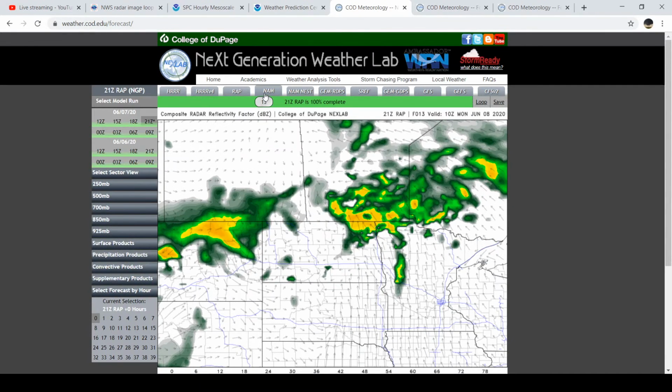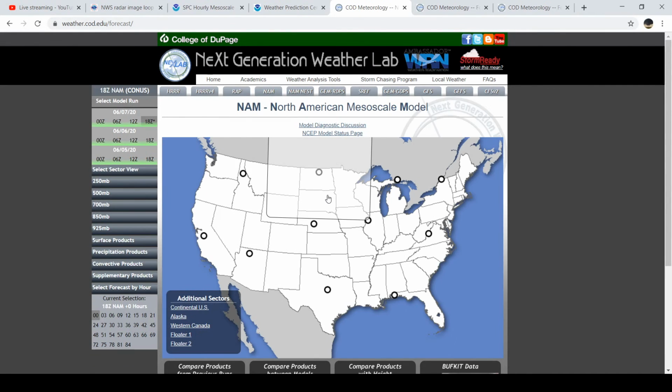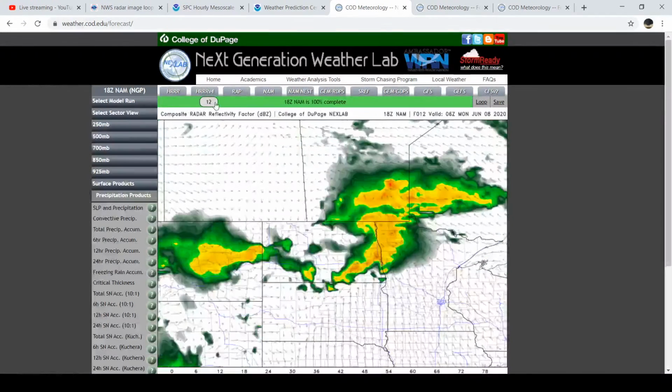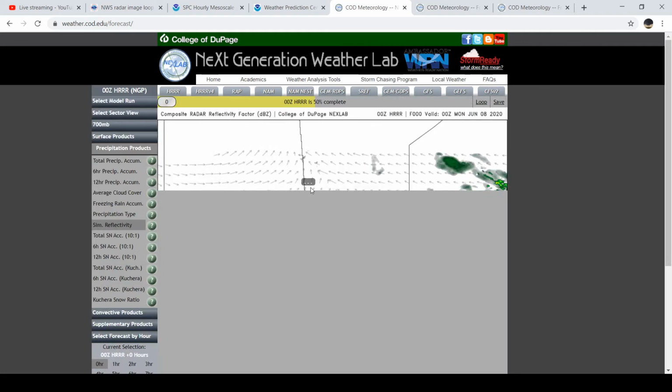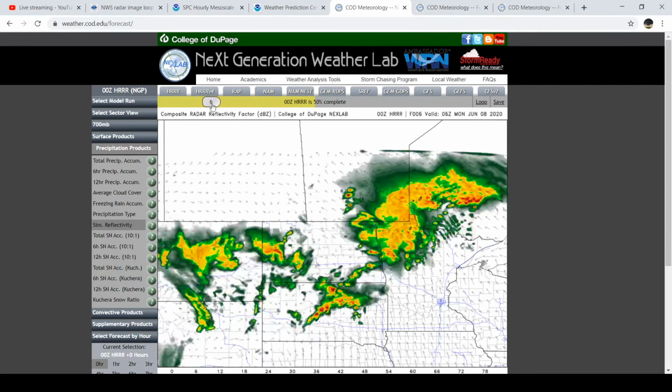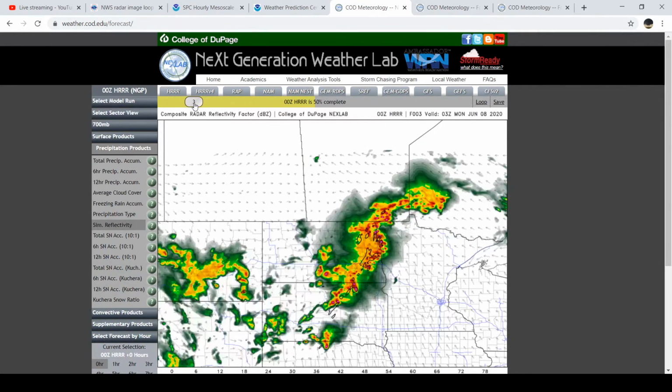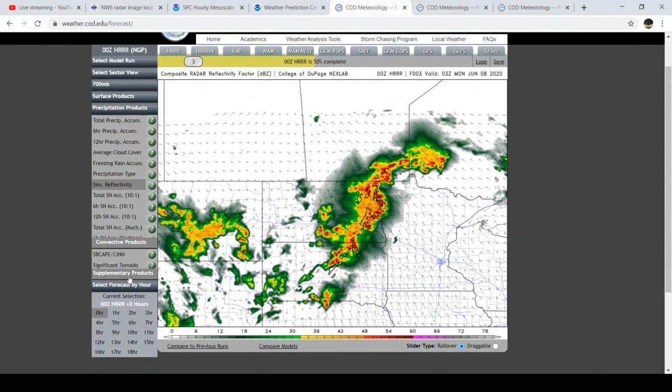So it looks like it has them weakening or becoming more linear. It looks like some sort of bow echo might form later.